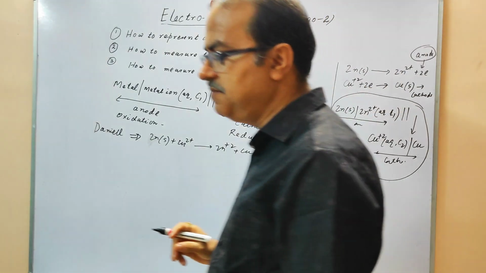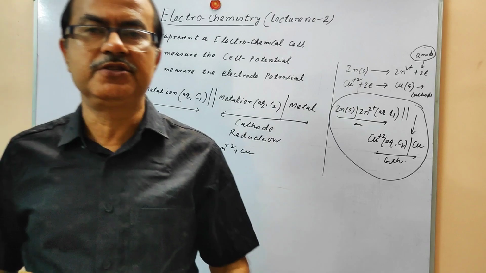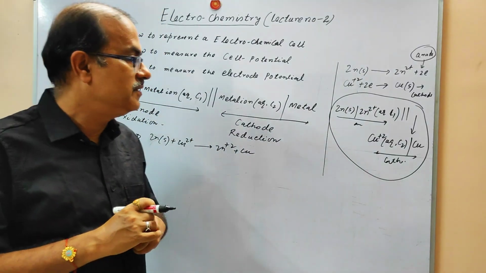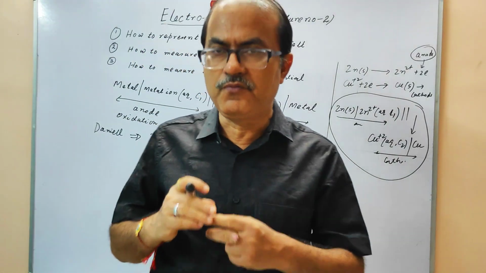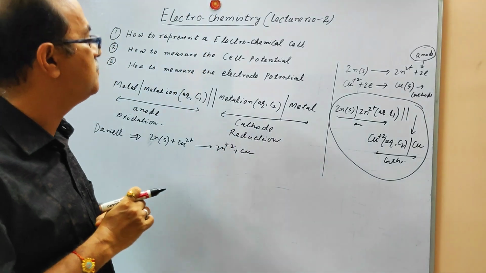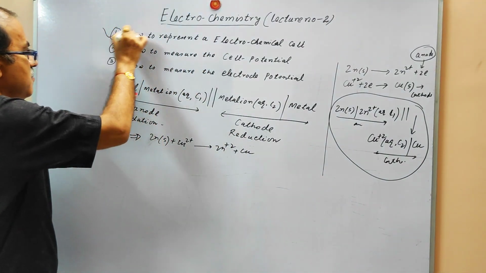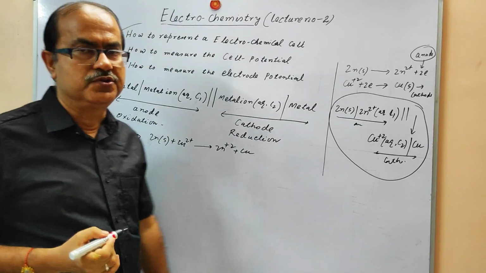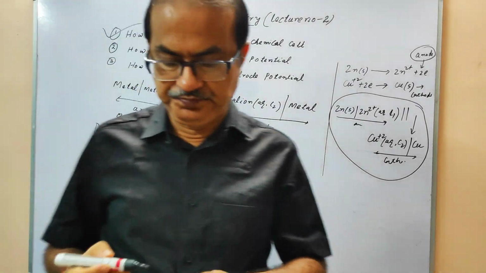So it is very simple, there is no such complexity in it, but there are different types of questions that may come from this representation of the cell, that we are discussing now. Let us understand which type of question comes.